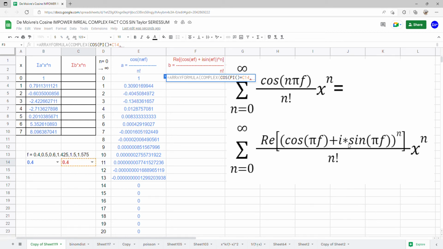That's plus i sine pi f, so comma, sine pi times f, and enter. So the first one is cosine pi f, so we close this, and sine pi f.